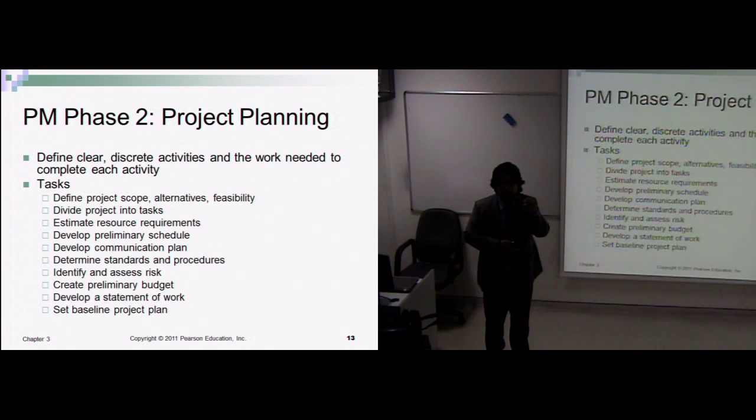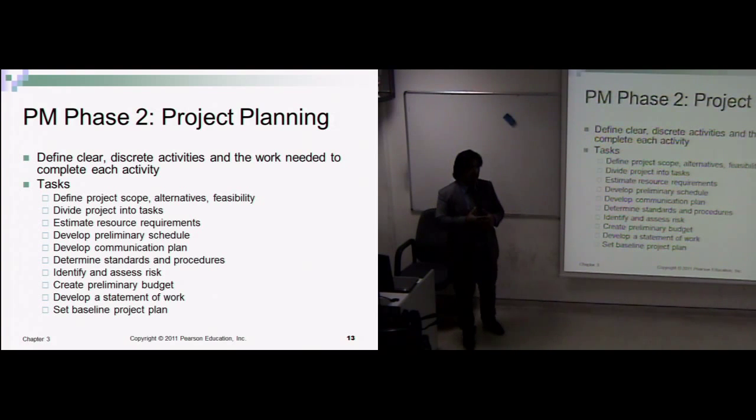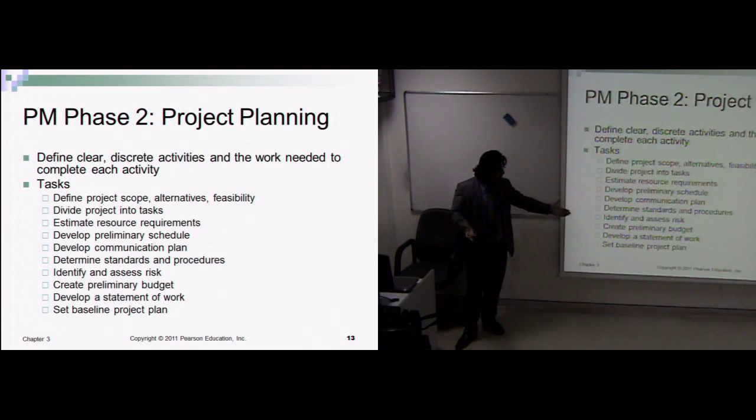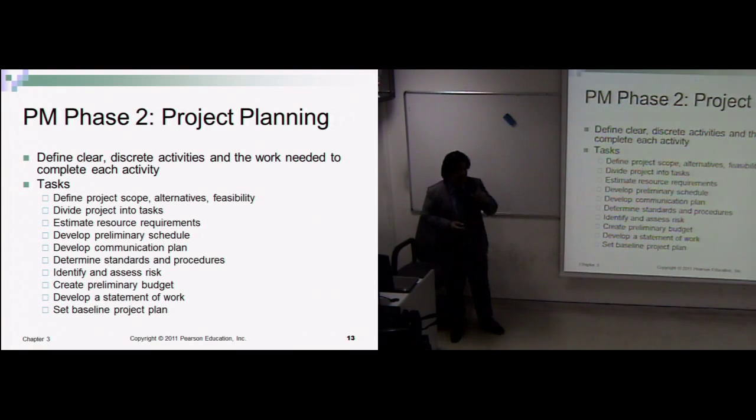If you overlook any one of them, your project may be in trouble. Not fail, but it may be misorganized. If you make a big mistake and ignore something very important, in that case it may be a failure. For example, if you don't assess a risk with high probability, high chances, and just overlook it.